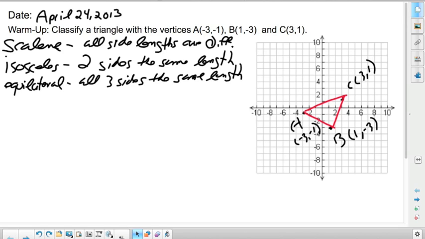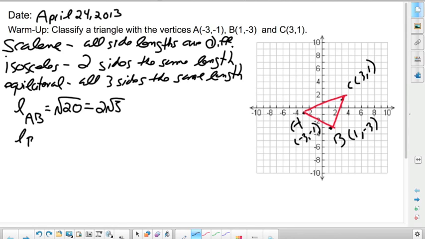Well, I'm going to tell you that the length of AB, if you work all that out, comes out to be the square root of 20, which is the same as 2 root 5, right? Which is 4 times 5, so the square root of 4 leaves me as 2. Want to simplify radicals.